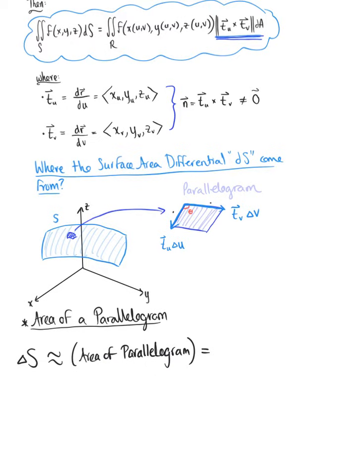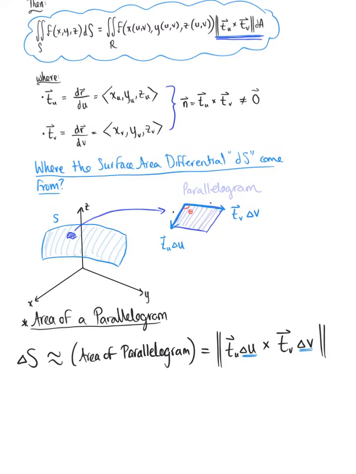And we know that we can define this as the magnitude of the adjacent vectors. That's going to be the magnitude of the tangent vector in the u direction multiplied by that sufficiently small change in u, crossed with the tangent vector in the v direction, multiplied by that sufficiently small change in v. Now note that these two differentials, delta u and delta v, are scalars.